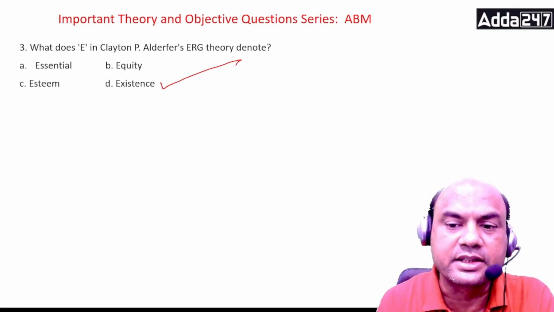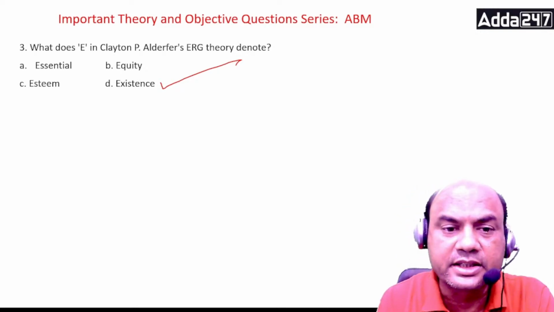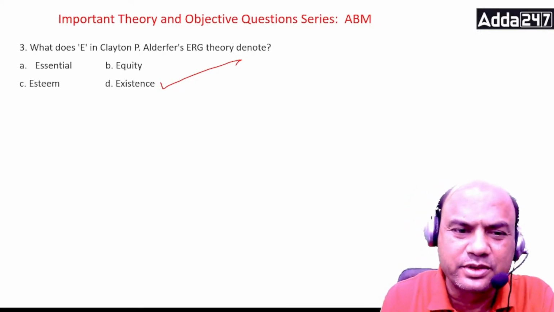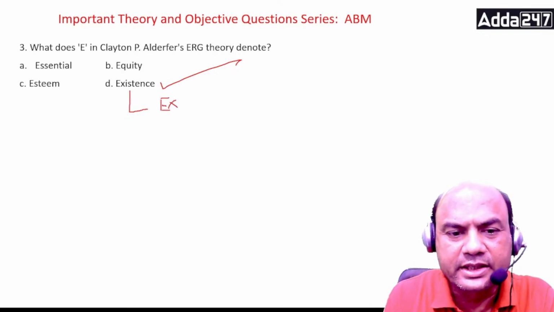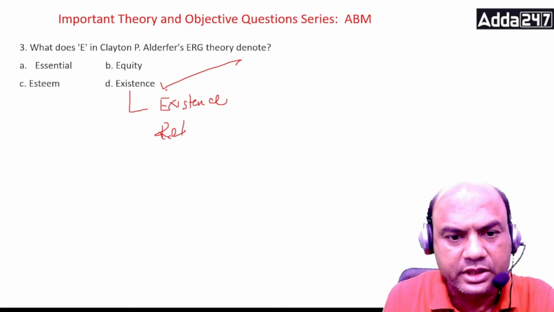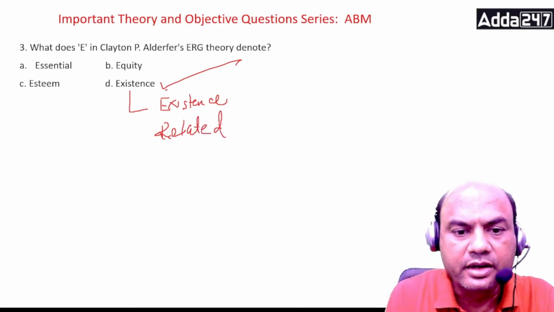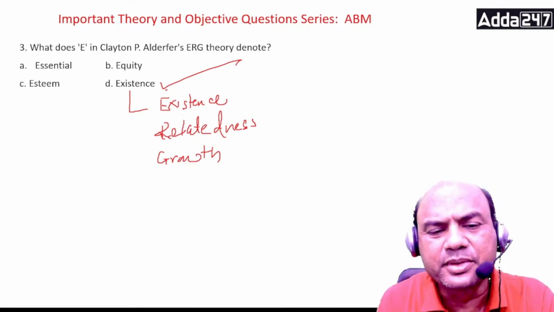What is the ERG theory? Existence, then relatedness and growth. It's basically from Maslow only, isn't it? It has come from Maslow only. Existence, relatedness. Maslow says this about social. And last one is growth. This is similar to that of Maslow.